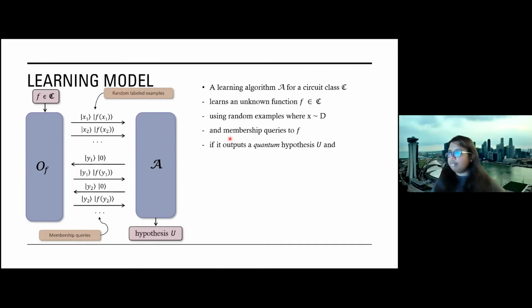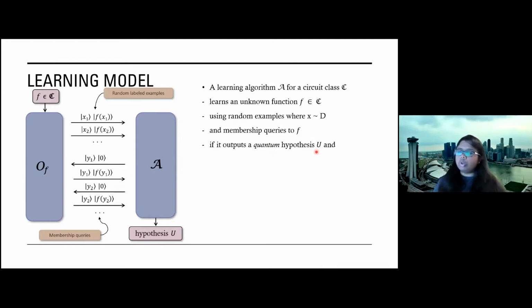Now, one thing I will point out is that usually when we talk about quantum PAC models, the hypothesis that you get out here is also a classical description. In our case, we say that we want a quantum hypothesis U. And you can think of it as being needed for two reasons. One is that for the proof to go through, we need all of them to have some kind of a quantum black box structure.